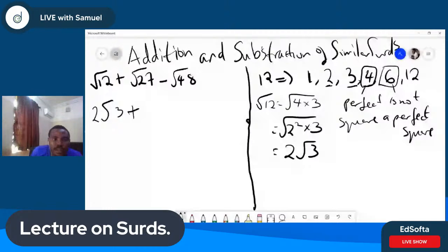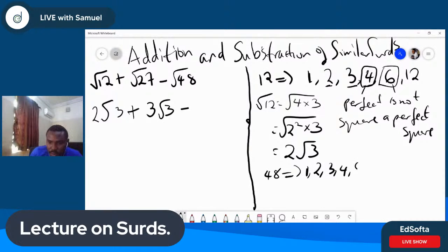Now, root 48. The factors are 1, 2, 3, 4, 6, 8, 12, 16, 24, and 48.